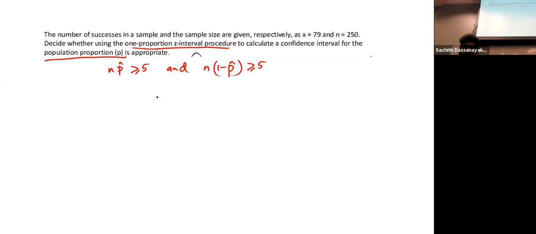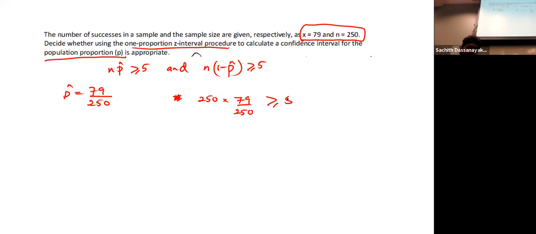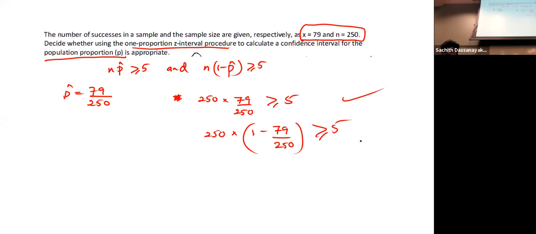In this case, p hat equals 79 over 250. So n times p hat, 250 times 79 over 250, is definitely greater than 5. And the next one is 250 times 1 minus 79 over 250, where the 250 cancels out. So this is true, then yes, appropriate.